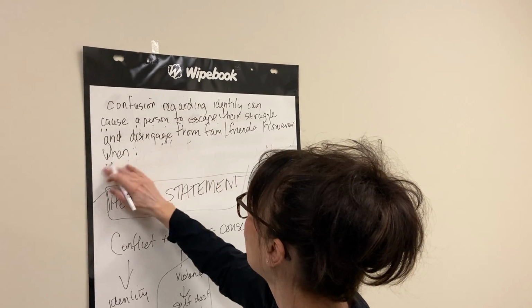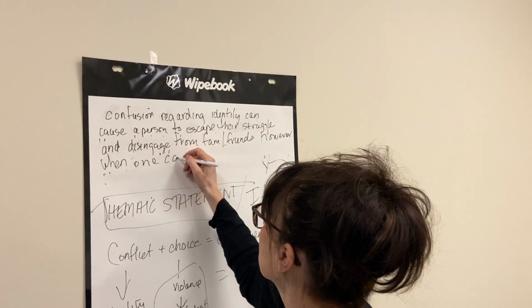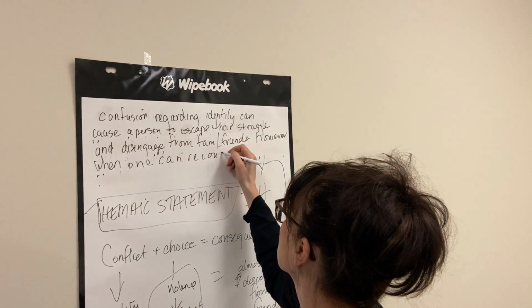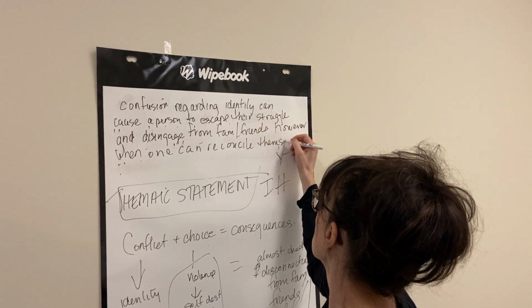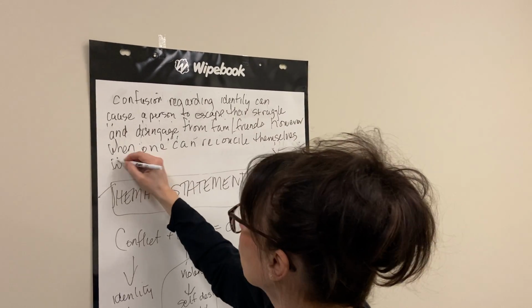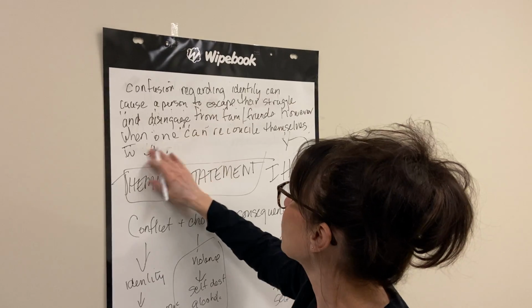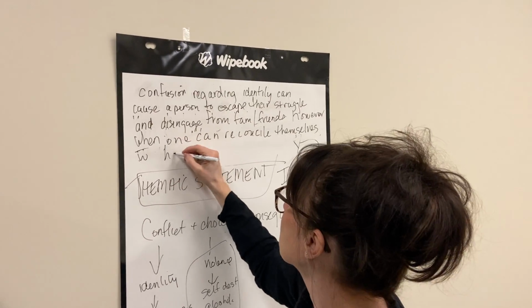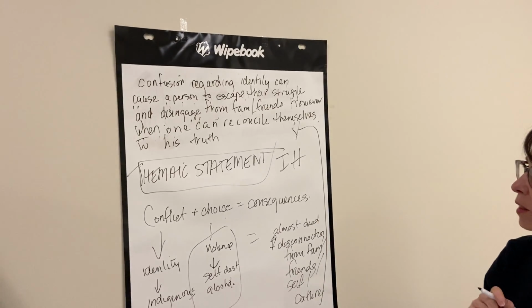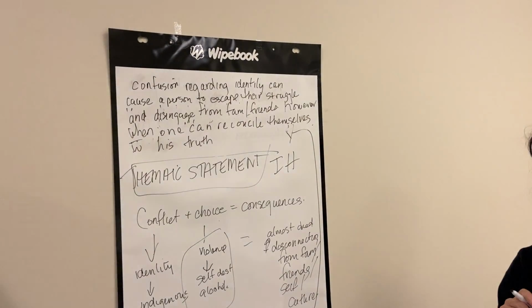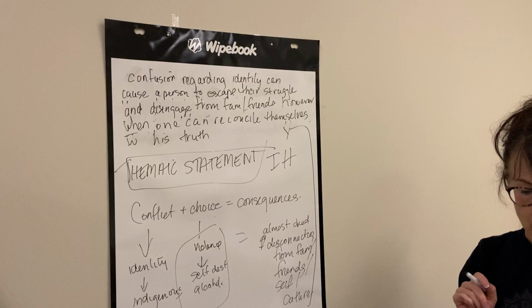When one faces the truth, can reconcile themselves with the truth. Let's do his because we're talking about Saul. His truth. What happens when one can reconcile themselves with this truth? He can reconnect with his identity and move forward.